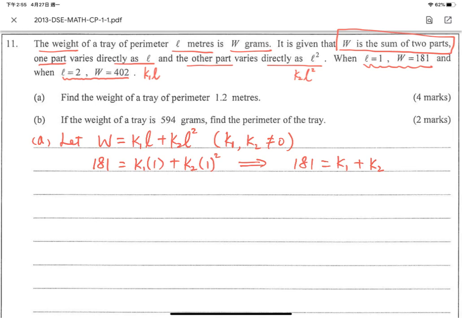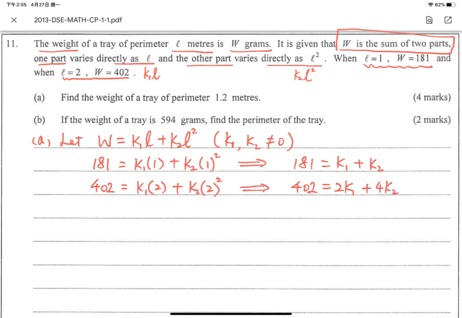And the second part, when L equal to 2, W equal to 402 grams. So K1 times 2 plus K2 times 2 to the power 2. We can simplify it as 402 equal to 2K1 plus 2 squared, which is 4, so 4K2.